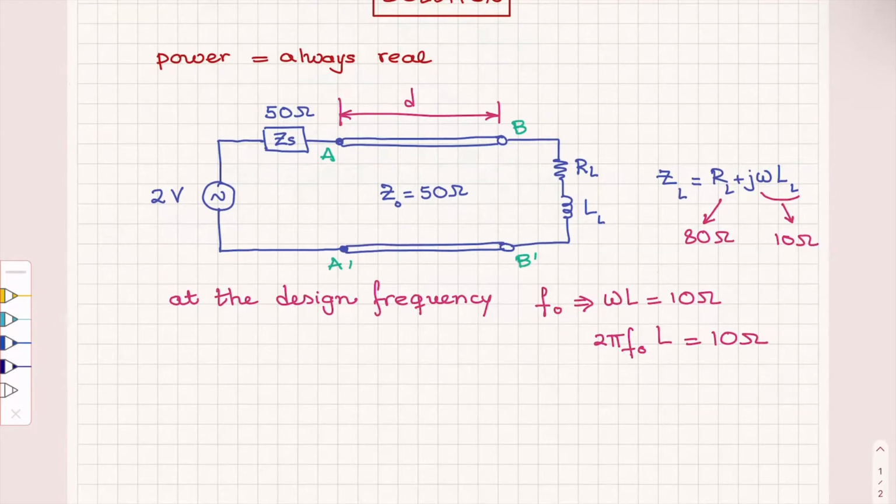From things that we have learned from 322, we find that our load is not the same as Z naught, and therefore, if I leave the transmission line the way it is, what is the reflection coefficient gamma at B prime going to be?